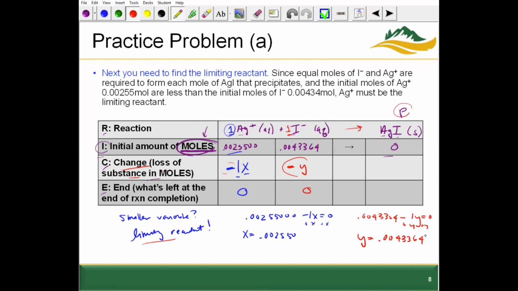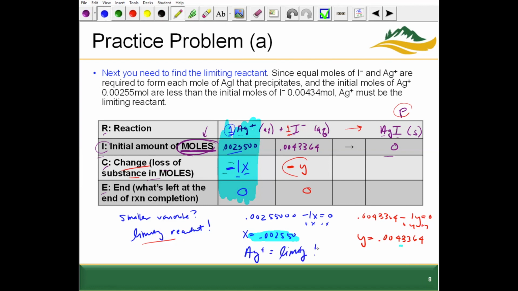Based on these values, we can identify that silver ions are our limiting reactant. This variable is smaller than this variable, so here our limiting reactant is silver.